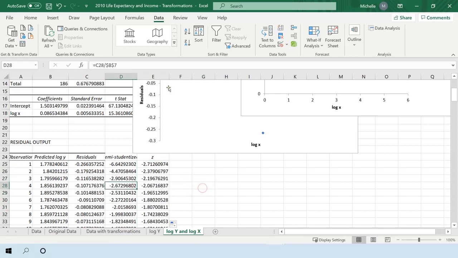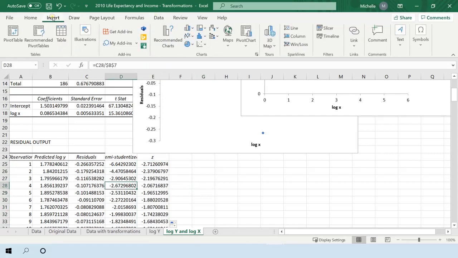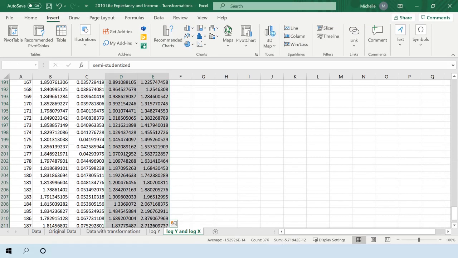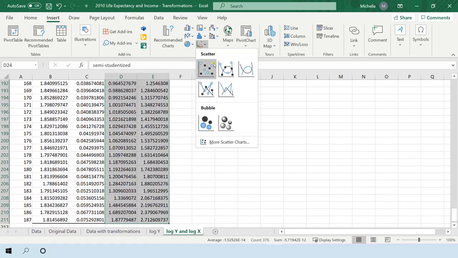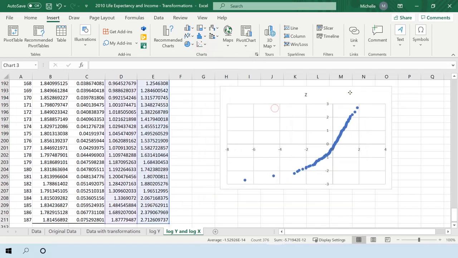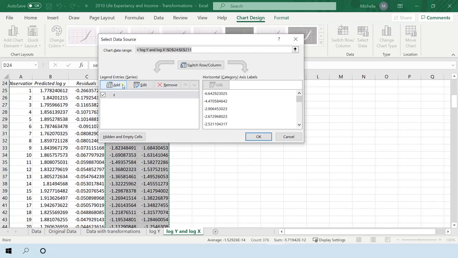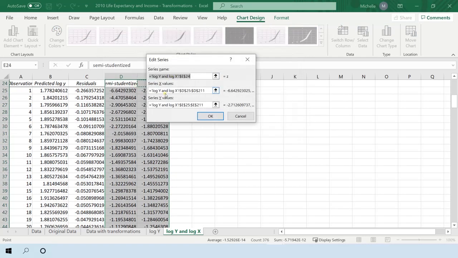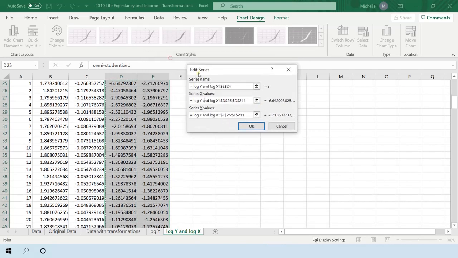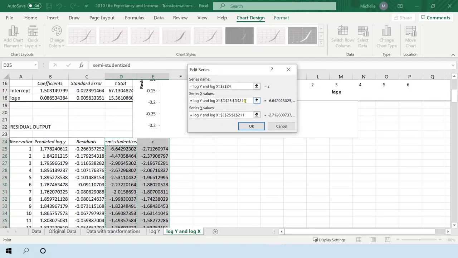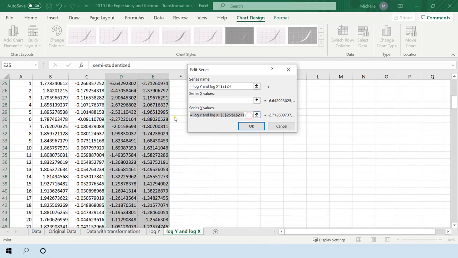So if I were to plot this, we go to Insert. If I highlight the data, I think it helps with the plotting. There we go. Let's double check it did it right. Select Data, Edit. I like X to be what Z is, so let's delete that.